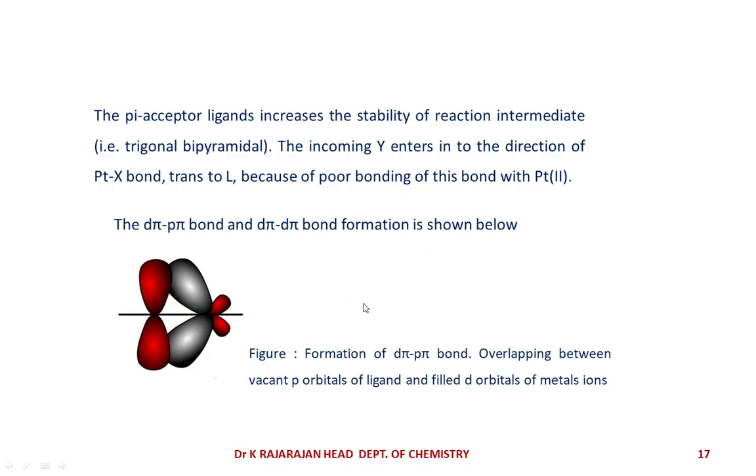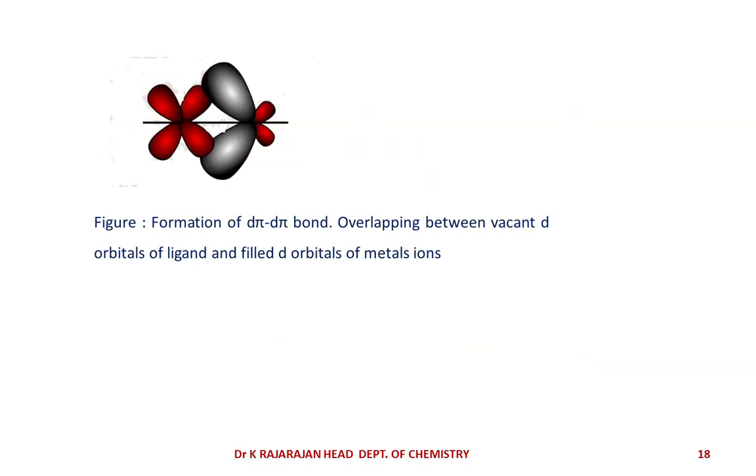In the picture you can see how the d pi-p pi bond is formed. The overlapping between vacant p orbitals of the ligands and the filled d orbitals of metal ions makes it possible. In this figure, this is what is called the d pi-d pi bond. Here, overlapping between vacant d orbitals of the ligand and filled d orbitals of metal ions forms this figure.